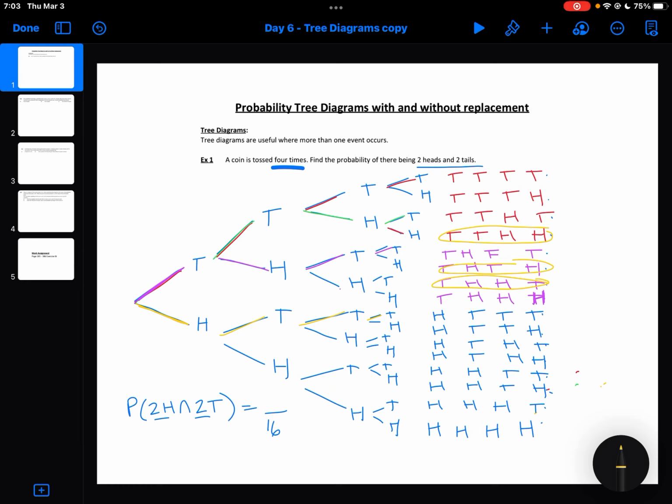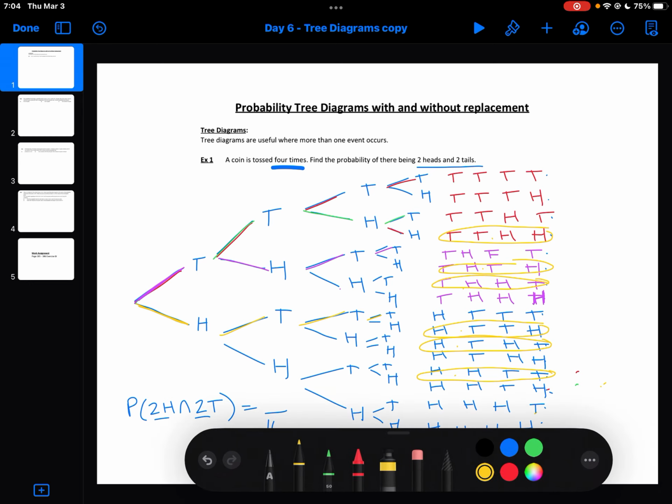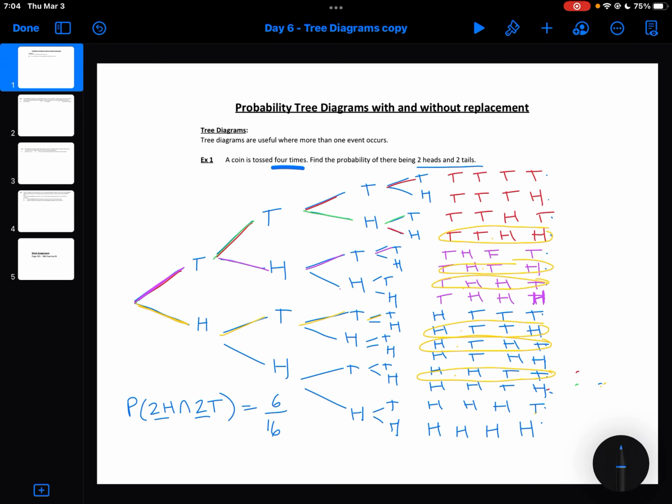And then I'm going to keep going, 2 tails, 2 heads. There's another one here. 2 tails, 2 heads. 2 tails, 2 heads, and I get 1, 2, 3, 4, 5, 6 out of 16. That's just counting all my possibilities, which is then going to reduce to 3 over 8.